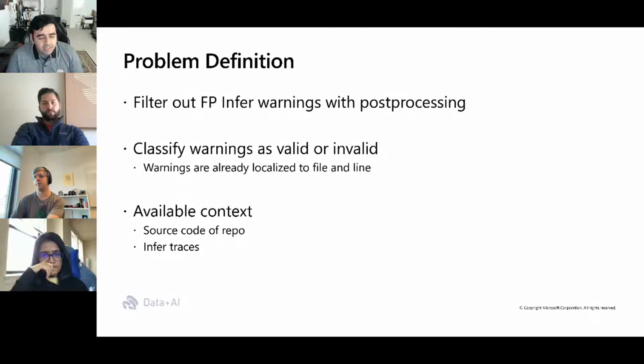Given a list of Infer warnings, including the file and line number in the source code where these warnings occur, we tried to classify each of these warnings to decide which ones we should keep and actually present to developers, and which ones should be filtered out and not presented to them. And we do this mainly using the source code of the repository or project itself, as well as some sort of debug and trace information that Infer itself reports for each of its warnings.